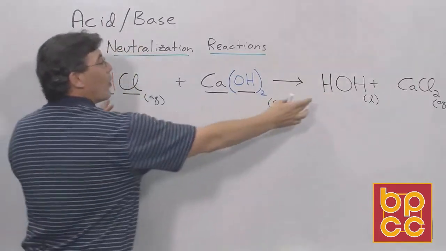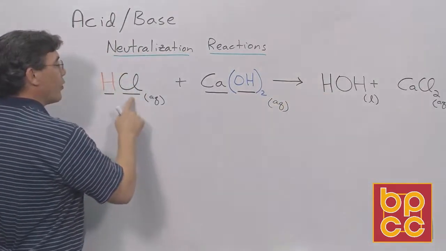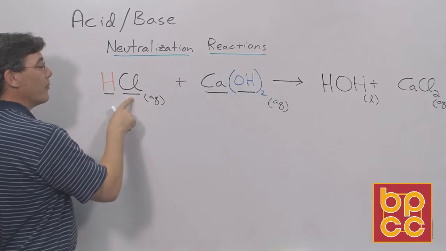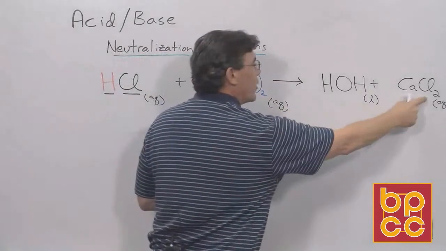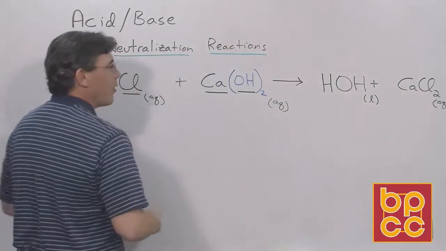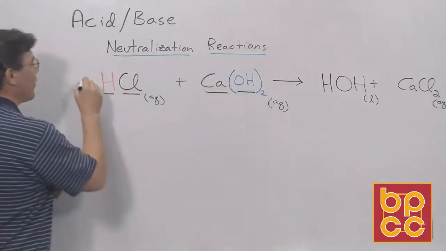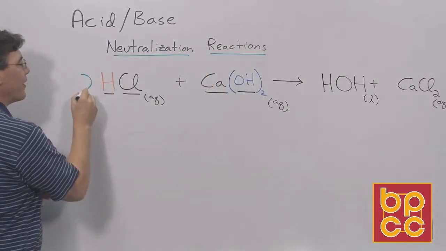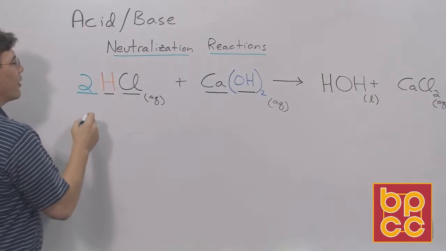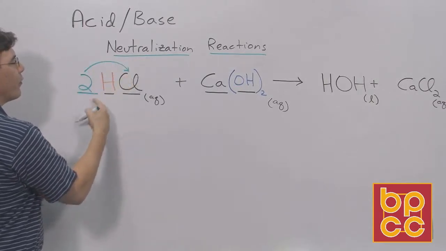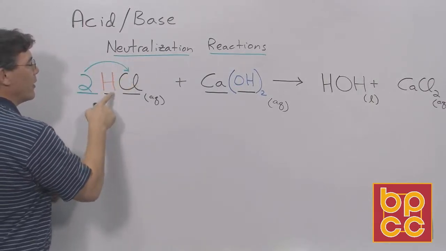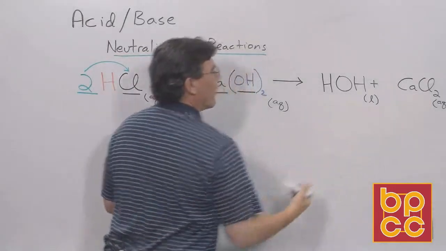So they were 1 and 1 each. Now the chloride, there's 1 here, but on the product side, we needed 2 for charge purposes. So what we need to do on this side is actually get the chlorides to balance by putting a 2 out in front here. That'll make 2 chlorides for us on this side, matching the 2 chlorides on this side.